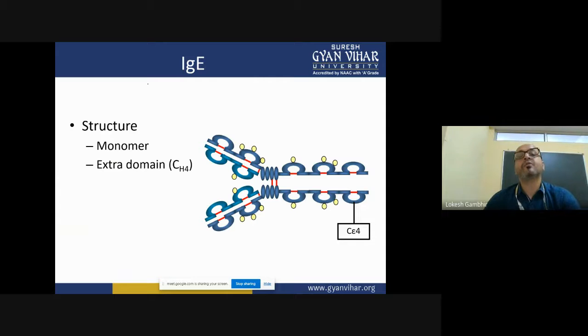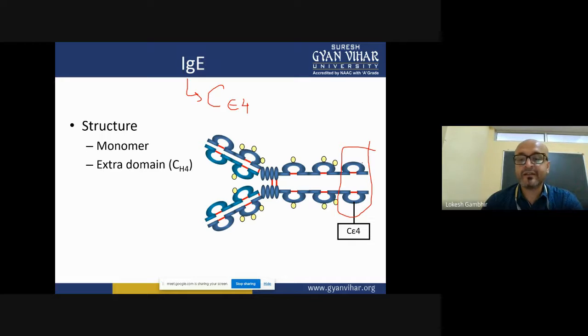Then let's talk about IgE. The IgE part is again very important. Why? Because there is an extra domain like IgM, and we call it the constant region of epsilon, a fourth constant region of epsilon. So similar structures follow.